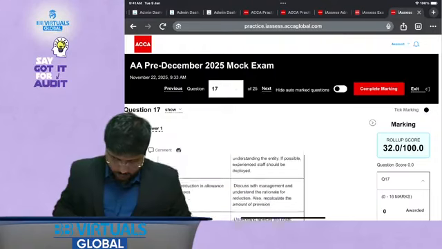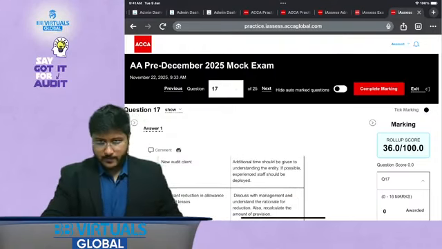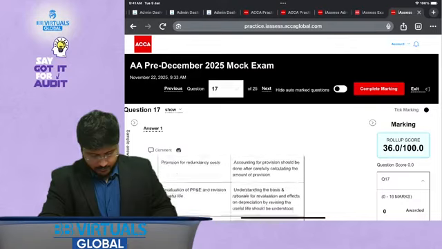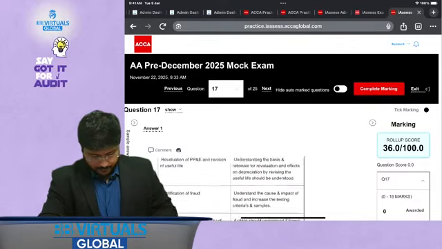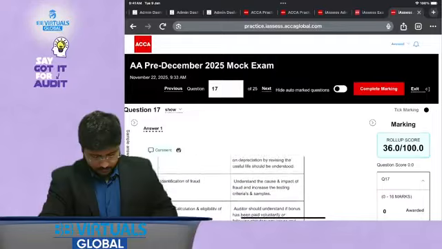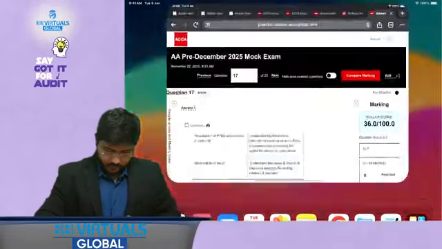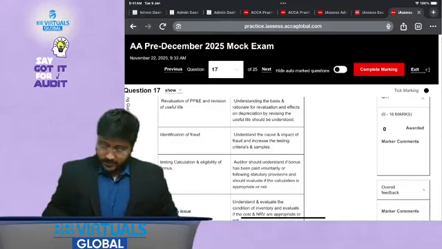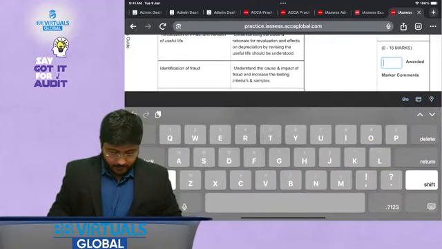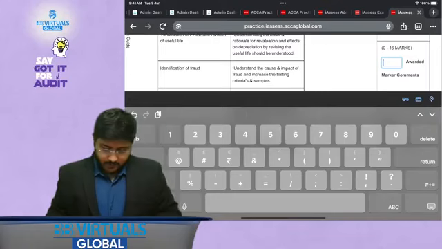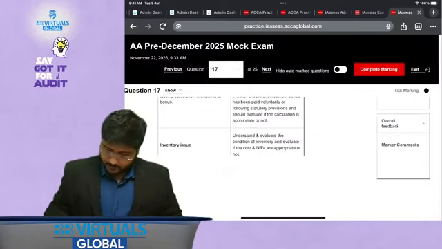This one, out of 16 marks, let me check, did we evaluate all the risk? Yes. So although we have mentioned all the risk, I am still giving myself 14 marks here. Okay, or I would suggest just 12 marks for the purpose of understanding.